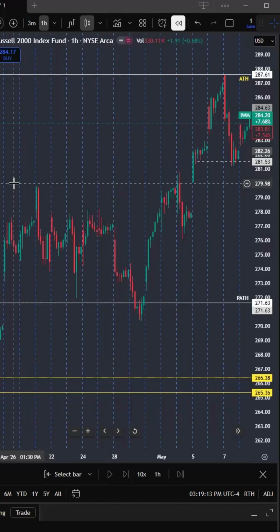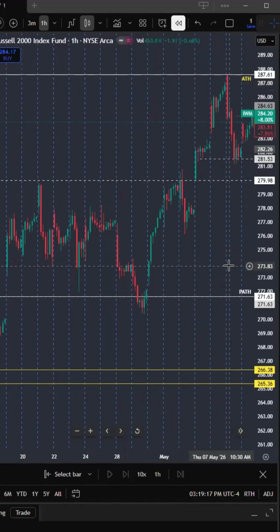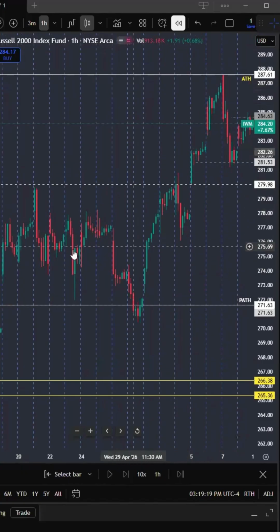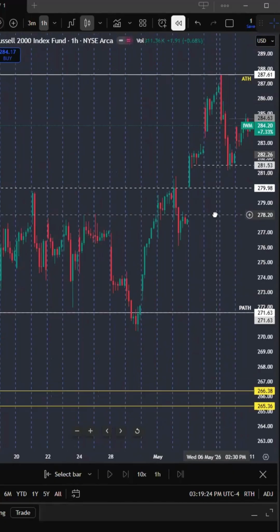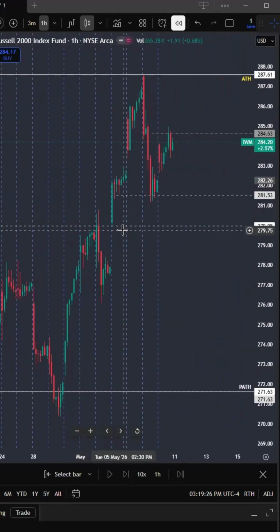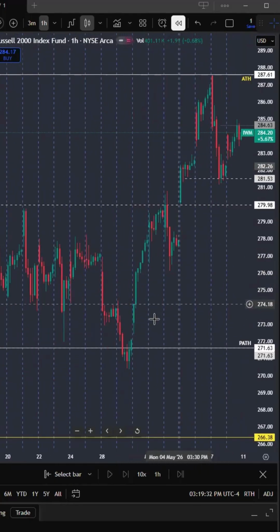We've definitely got a level here. As you can see, had this bounce range that kind of stopped right about that level twice. Next day, opened right above and just held at that level. So it's clearly a level to me.